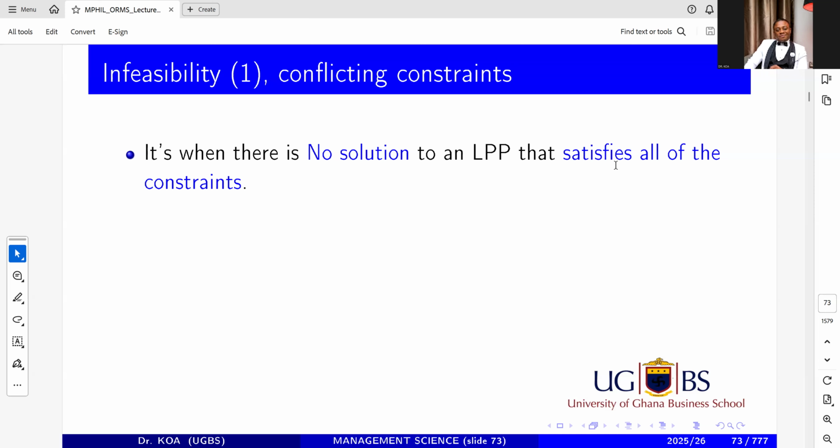When there is a solution, what it means is that the constraints are satisfied, or at least one of the constraints is satisfied. For example, if you can remember the Farmer Ghana Limited, you could see that one of the constraints was binding, but in another one, it wasn't binding.